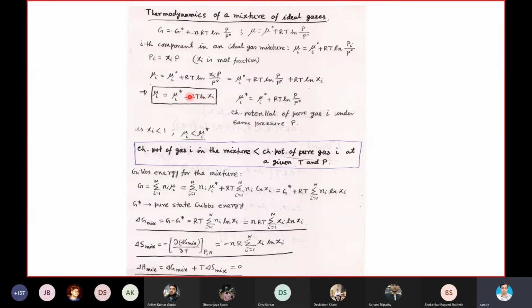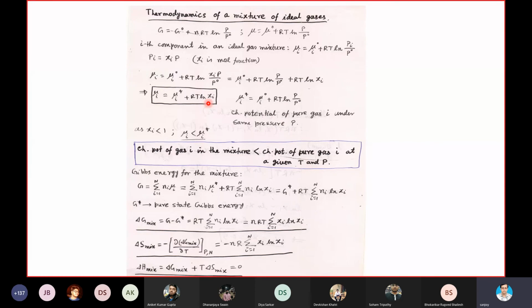Okay, this is basically the mixing effect, RT log Xi. This is the pure state chemical potential of the ith component at the same temperature and pressure as that of the mixture, and which is modified by this second term. This is just the effect due to the mixing.